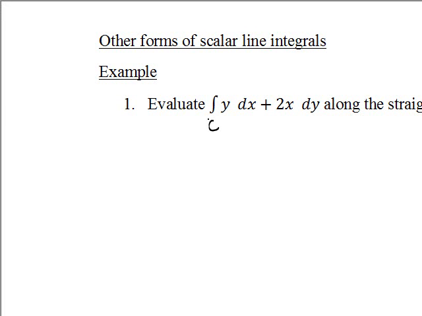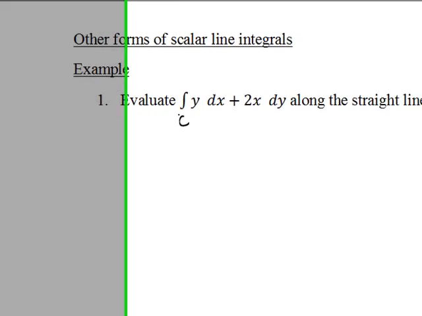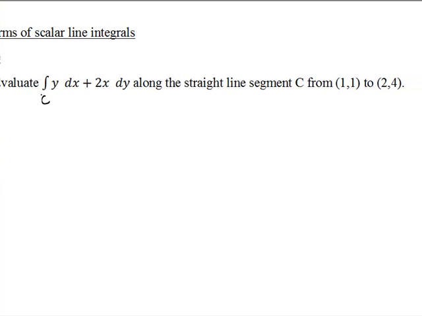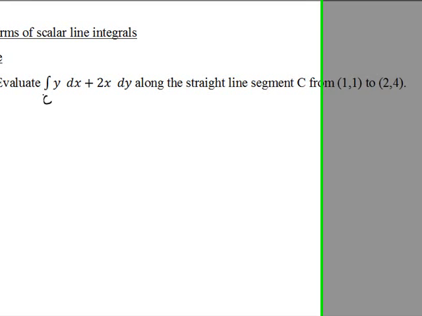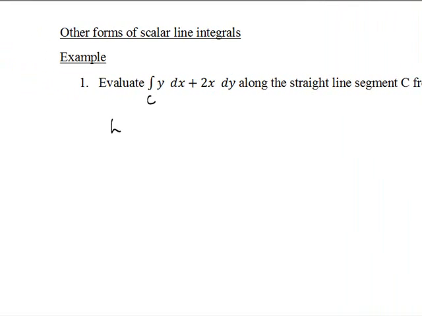Okay, so there is really no difference here, but I just want to show you how you handle the way this function is written. You still have to parameterize that line segment. Okay, so let's do that again. Equation of C. First, we find the direction vector. What is the direction vector? (1, 3).